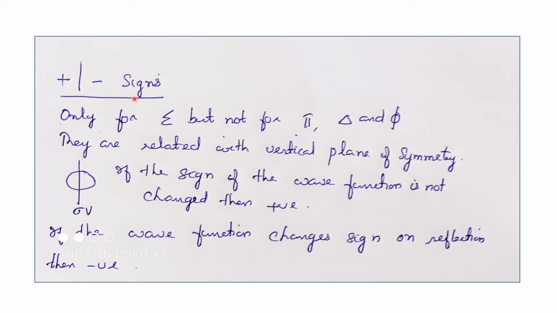Plus and minus signs. These signs are used only in the case of term sigma, but not for pi, delta and phi. They are related with the vertical planar symmetry of the molecule.